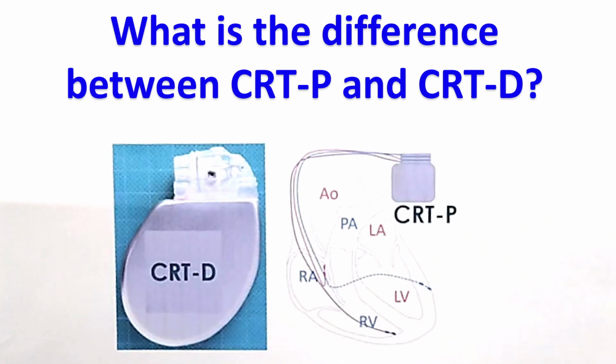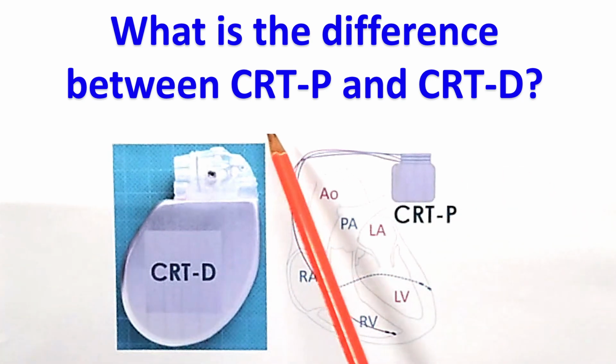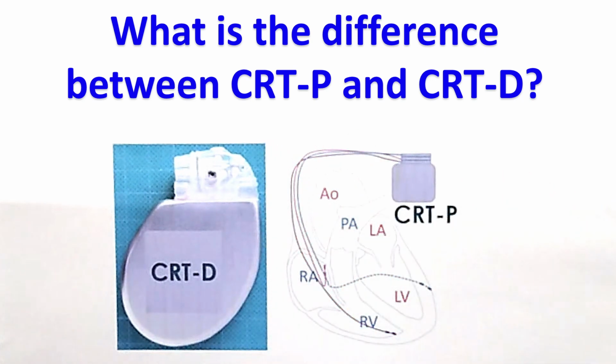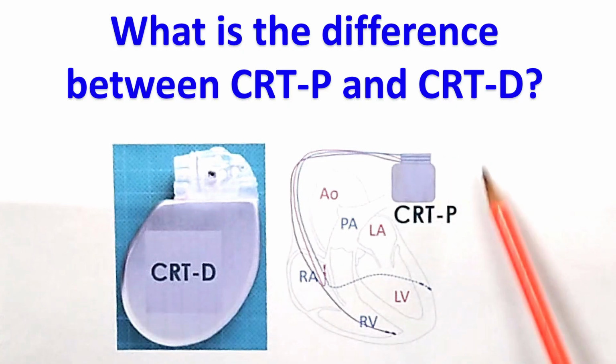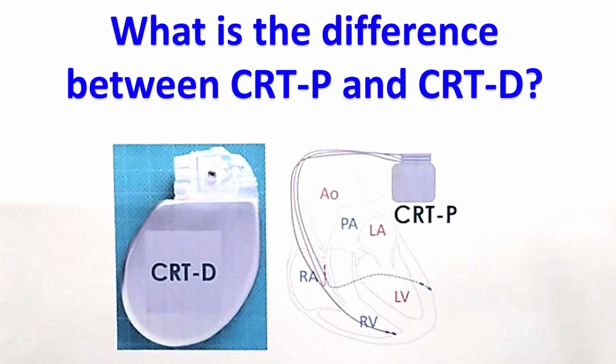In cardiology, CRT stands for cardiac resynchronization therapy. That's a type of pacemaker with 3 leads, one in the right atrial appendage, one in the right ventricular apex, and another in the left ventricular epicardial region.